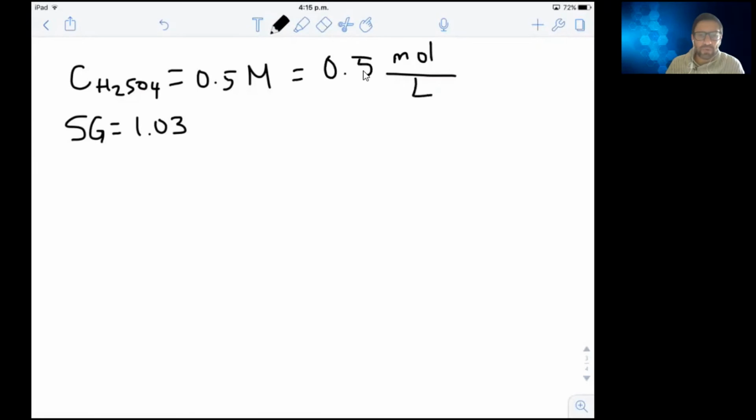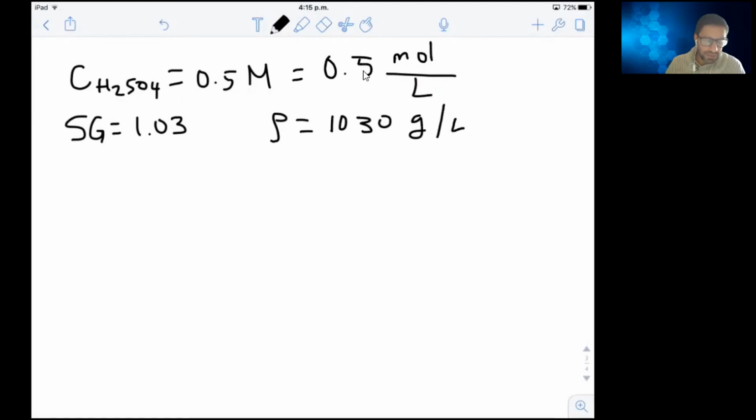And it is given to you that the specific gravity is 1.03, that's for the solution, such that the density, you can express this by multiplying by the density of water, which will then yield 1,030 grams per liter, okay?